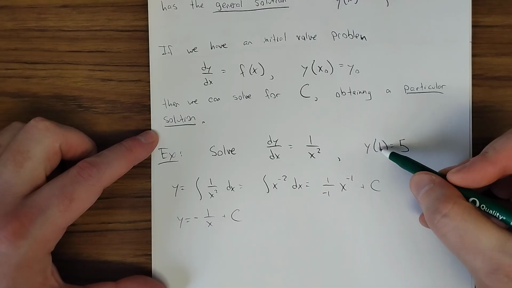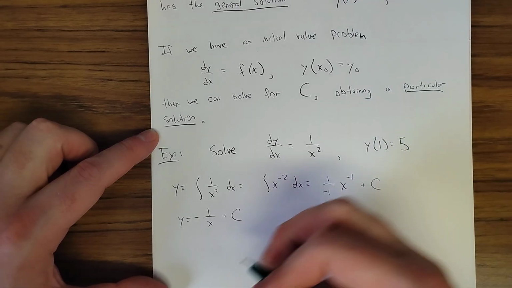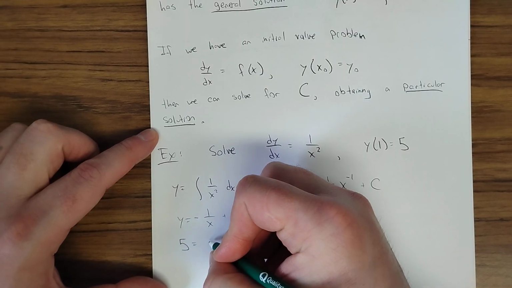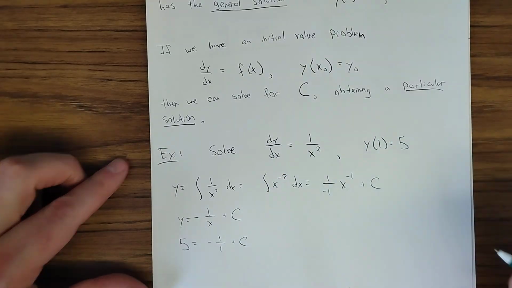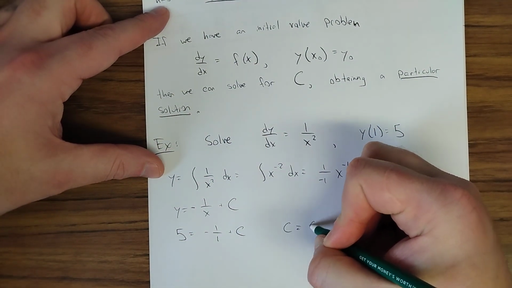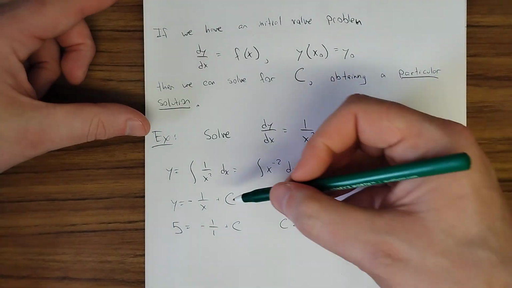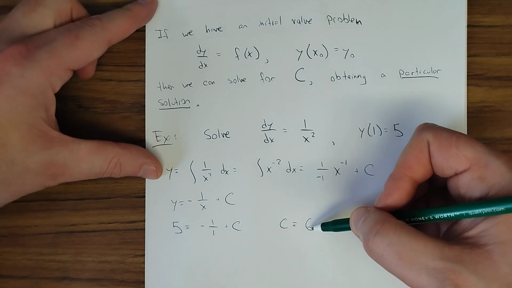This is telling you the x value, this is telling you the y value. So I put in 5 here, I put in 1 for x, and then we can solve for c. C is going to be 6, and then finally I just rewrite my old answer from before, except now that I know c, I'll put 6.